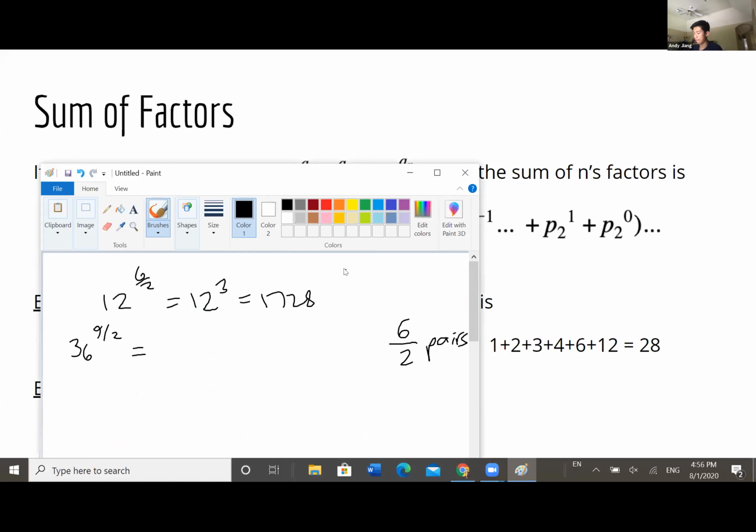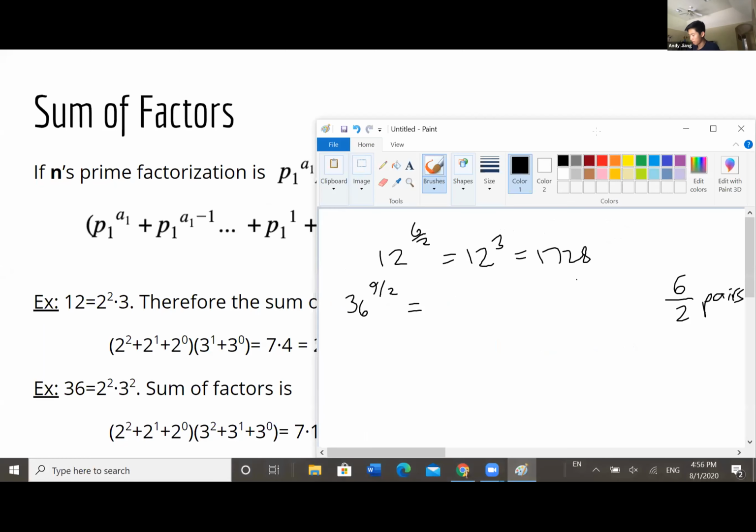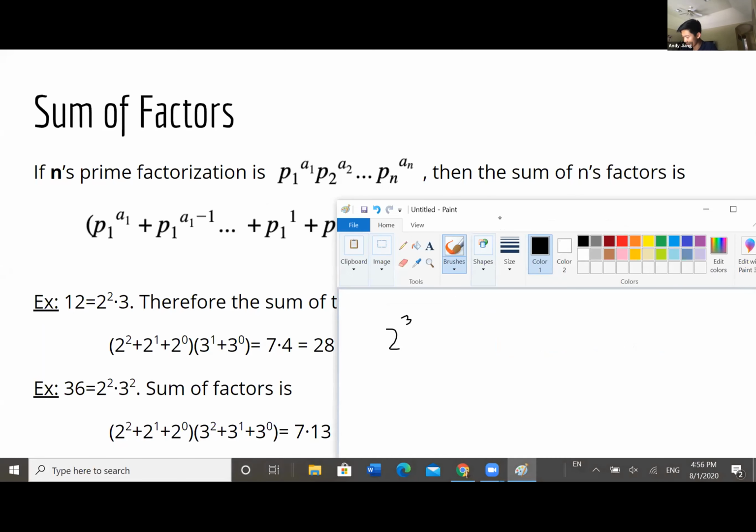Well, for each prime, I add up the highest exponent. So I'll just go through the example below.